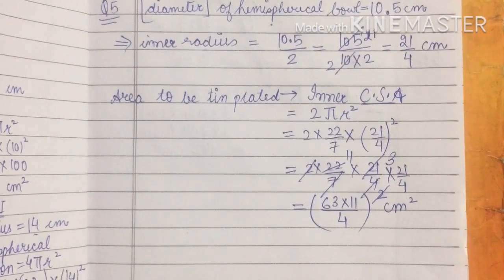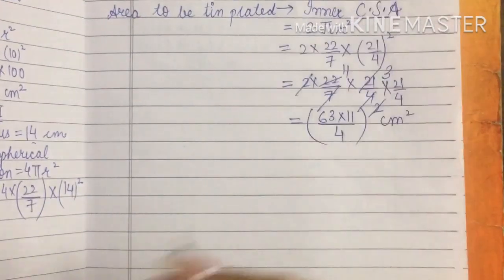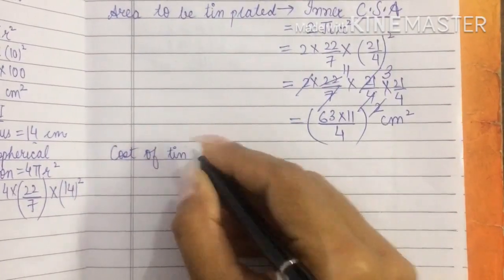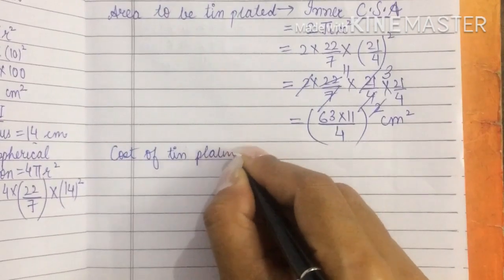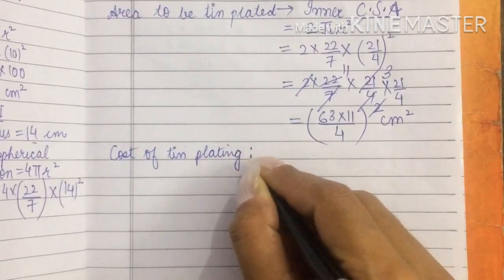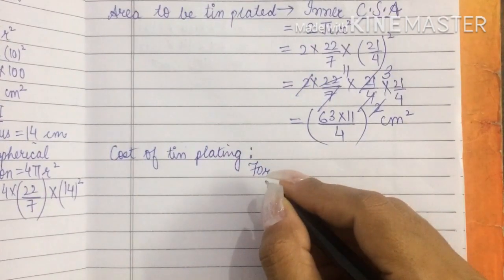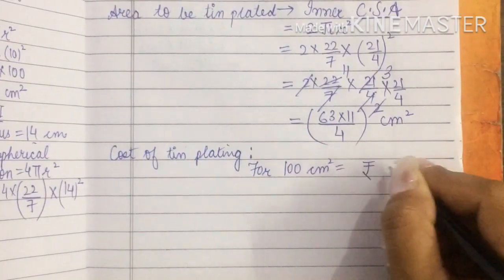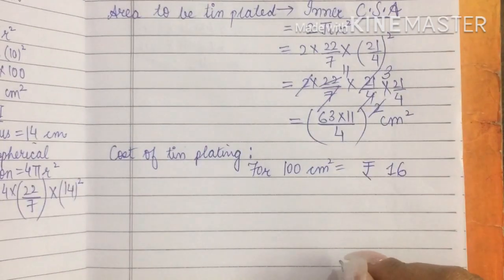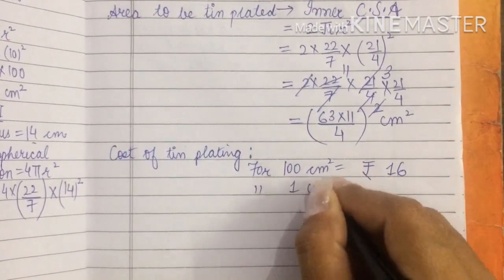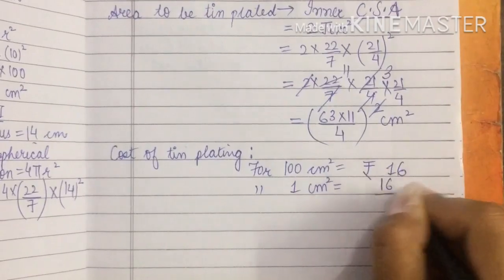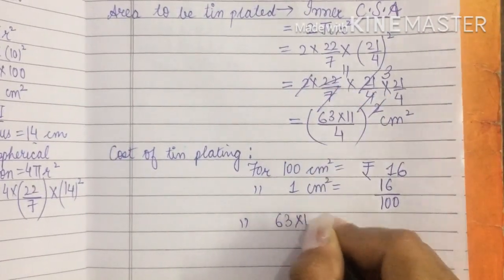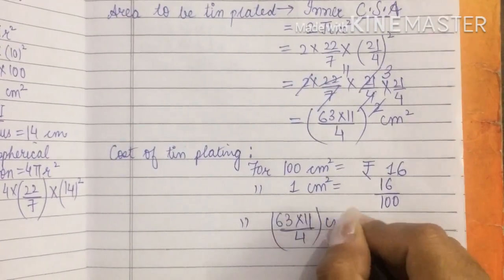Now the next step is to find out the cost. So let's find out the cost of tin plating. This is given as 16 rupees for 100 centimeter square. So for 100 centimeter square, the cost is 16 rupees. Let's find for 1 centimeter square. This will be 16 over 100. Then we find for the area that we have calculated to be tin plated.